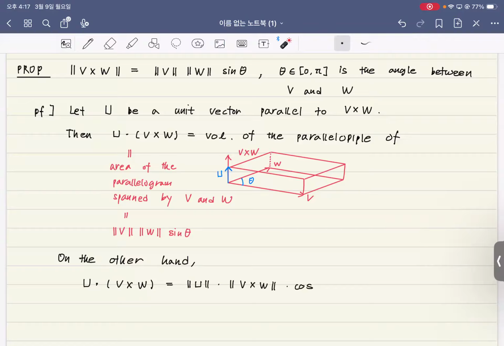But here I said U and V cross W are pointing in the same direction. Therefore, this angle should be zero, right? And we are also assuming that U is a unit vector. So this is the length of V cross W.